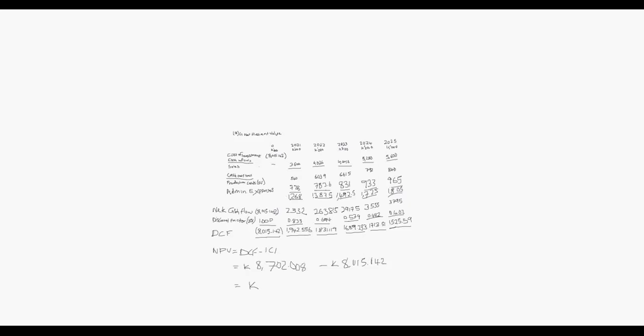This is the total when you add these from year 1 to year 5, or from year 2021 to year 2025. Can we now subtract the cost of investment?